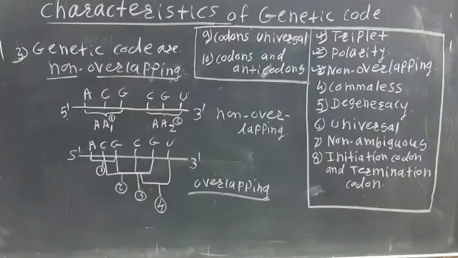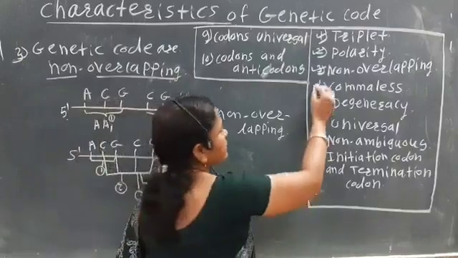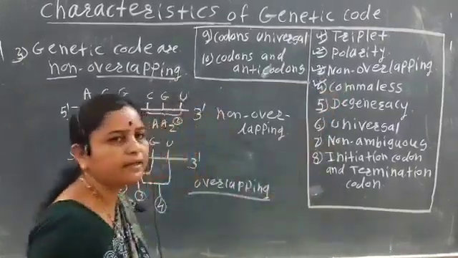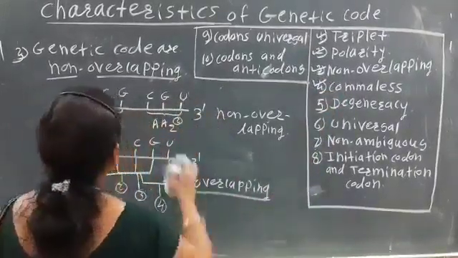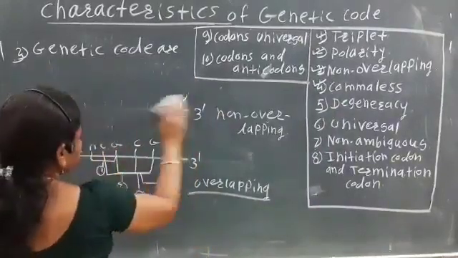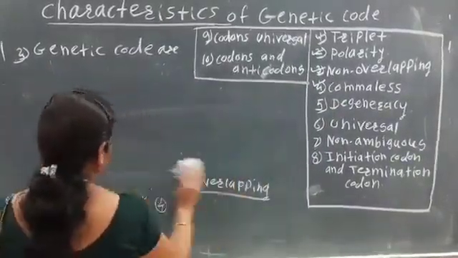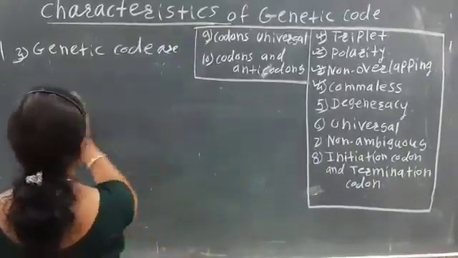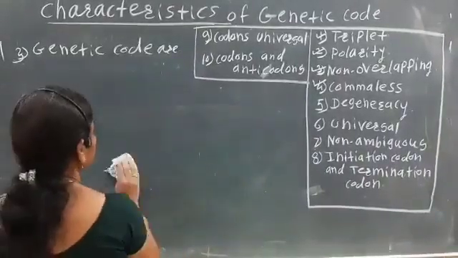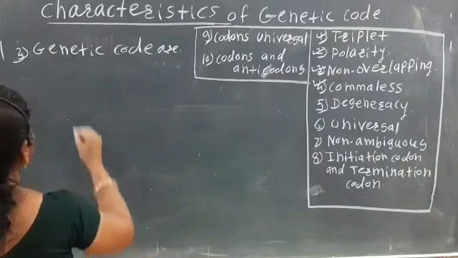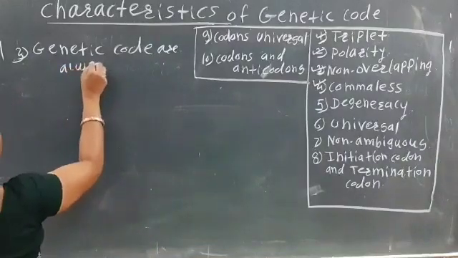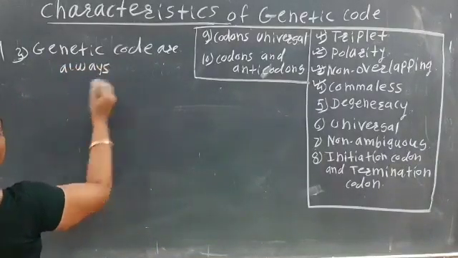Then the next characteristic, that is, the genetic code is always commaless. So see student, it is the fourth characteristic, that the genetic code is always commaless.